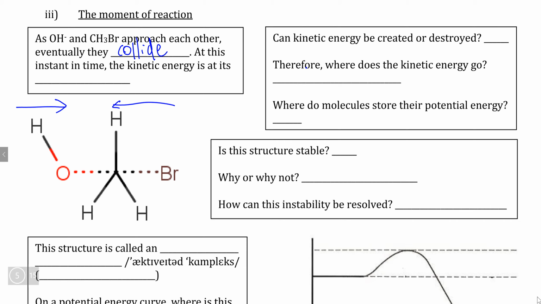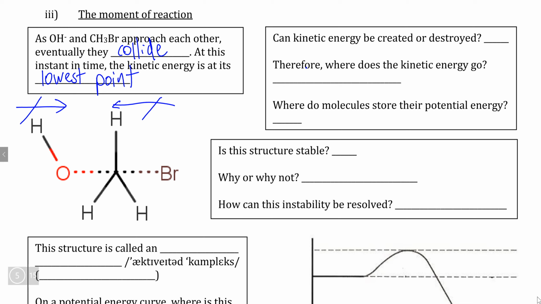But we can say that because they are moving in at least partly opposite directions, some of their kinetic energy is going to be canceled out at the moment when they hit each other, which means that we can say that the kinetic energy in this reaction is at its lowest point at the moment of the collision between our two reactants.